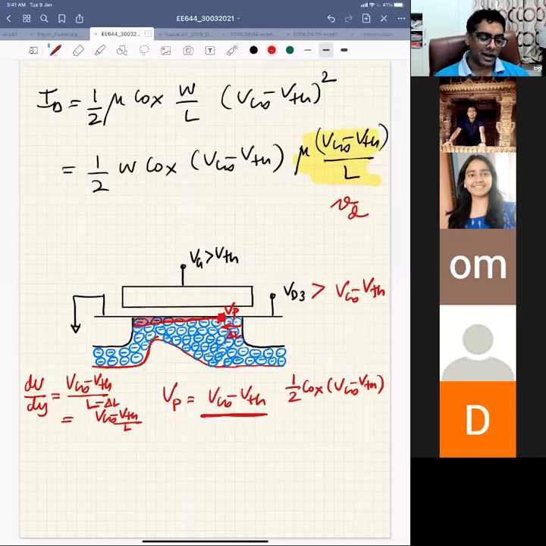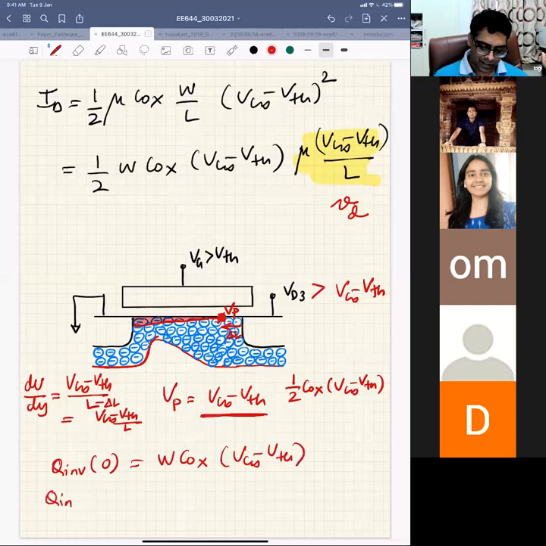And again, coming to the charge, the charge on the source side, Q inversion at 0, is W Cox VGS minus VTH. Q inversion at the pinch-off point is 0.